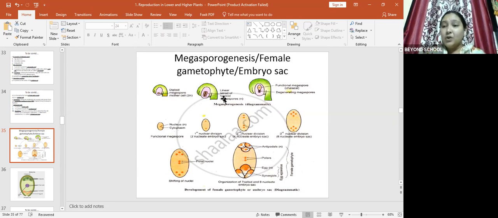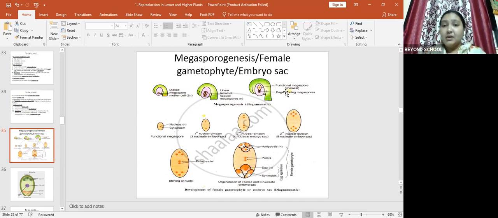And therefore they will all be in a haploid condition, because over here our megaspore mother cell is in a diploid condition. Dividing through meiosis, it will give us four megaspore cells, four female gametes, but all of them will remain in a haploid condition. Later on, when further development starts, what will happen?